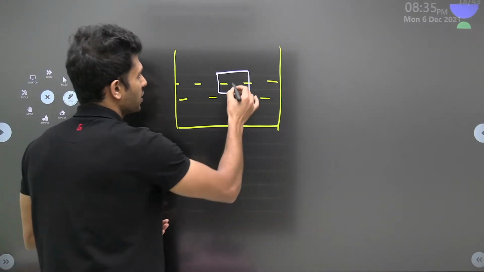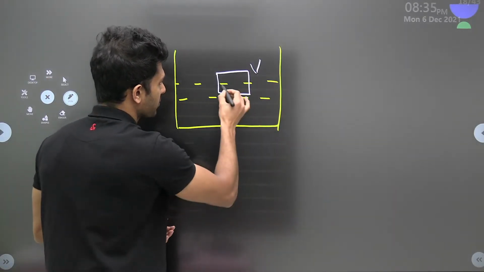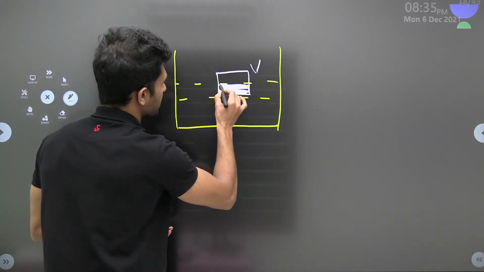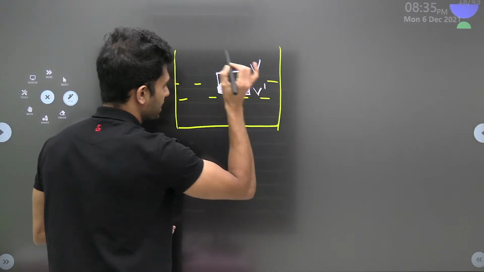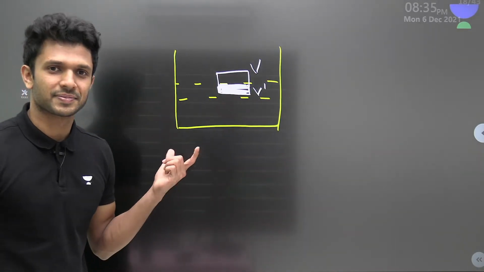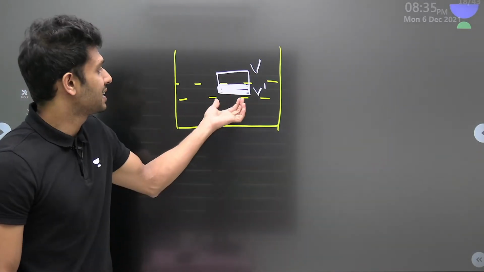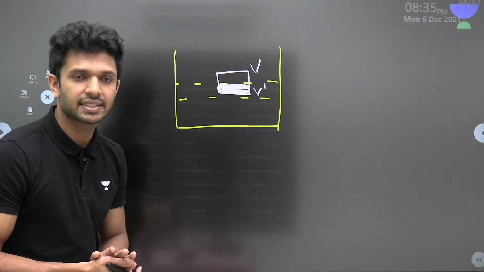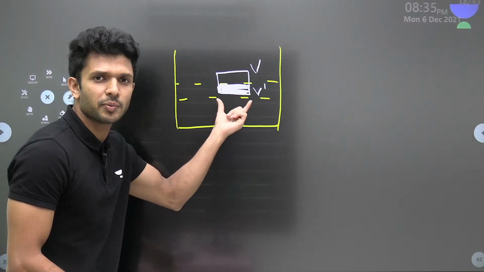Let's say its total volume is V and the volume of the body that is submerged inside, let's call it V dash. Shall we make the equation and understand why the body is floating partially? Here we go.